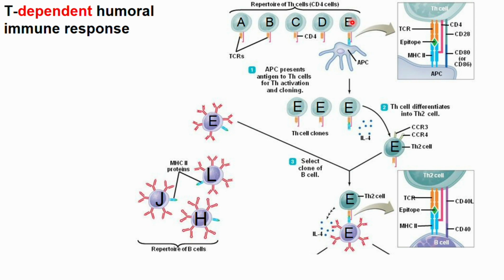And what this does is it then divides and divides and divides into multiple clones of the exact same thing, very similar to what we saw with B cells. So this helper T cell bound to this epitope in this MHC2. The antigen-presenting cell underwent changes inside, and the T cell also did. The T cell got super activated, and its process is divide, divide, divide, divide. Let's make a clone army of ourselves. And that's what we're looking at here.